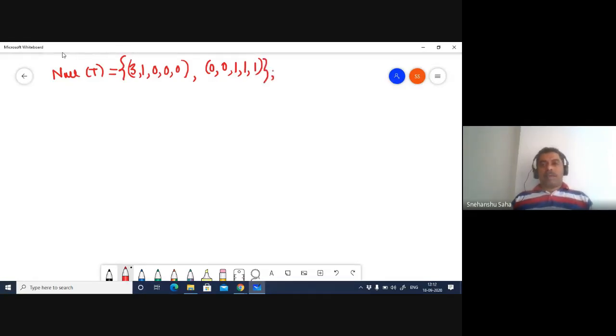We also know that null of T has to be a subspace of F5, and therefore the dimension of null of T is less than or equal to the dimension of F5, which is fine. What is the dimension of null of T? It contains two linearly independent vectors that span null of T, so the dimension of null of T is 2.